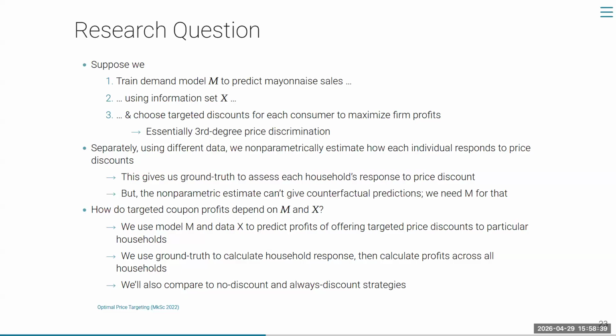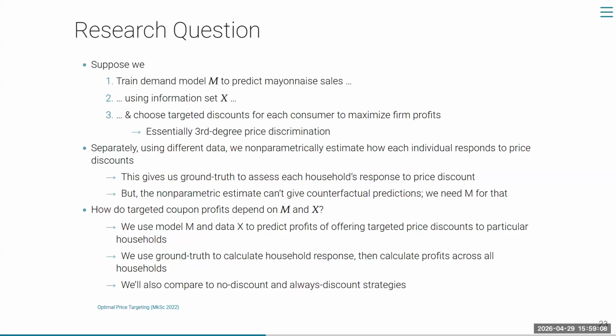They're going to try to come up with individual shopper predictions of how those shoppers would react if we give them a coupon. And so this is done in the mayonnaise category, packaged mayonnaise in like the grocery store. And we're going to use a separate data set that shows each household's typical response to coupons as a source of ground truth.